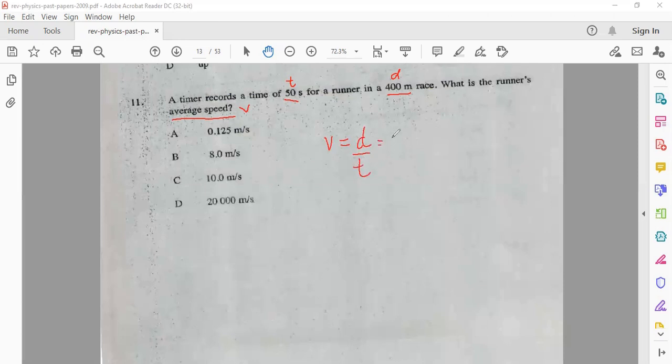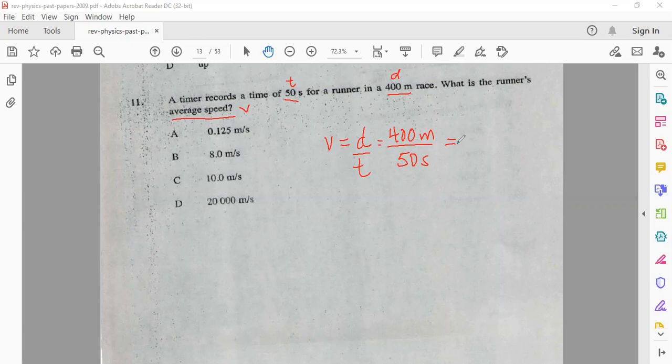And when we work that out, we're going to get 400 meters over 50 seconds. Go ahead and plug that into your calculators. Or if you see it already, how many 50s in 400? Did you say 8? Good.